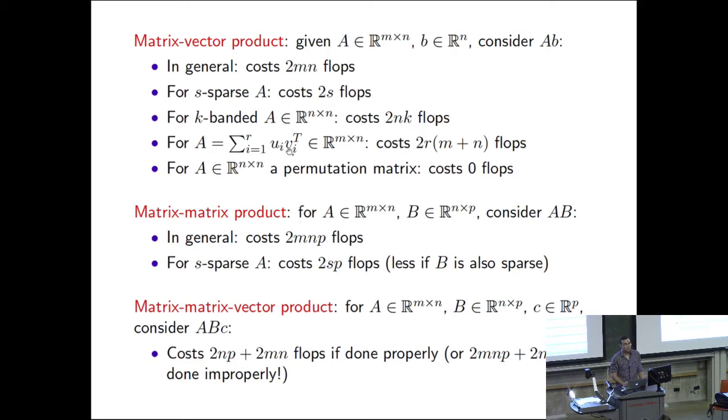For a low rank matrix, this is where you can save a lot if you have a nice factored form. If I can write A as a sum of r outer products of vectors ui and vi, then the total cost is 2 times r times n plus n. You can work this out in various ways. One way is to think about multiplying by b: I have to take the inner product of vi times b, and you know how expensive that is from inner products.